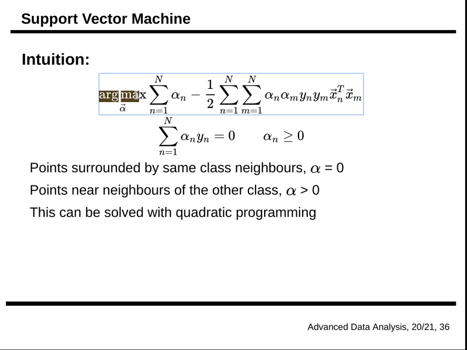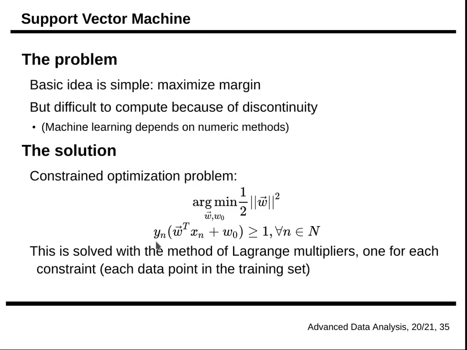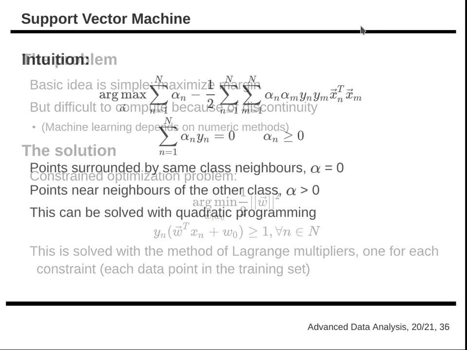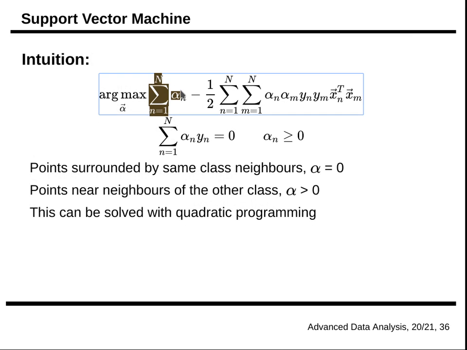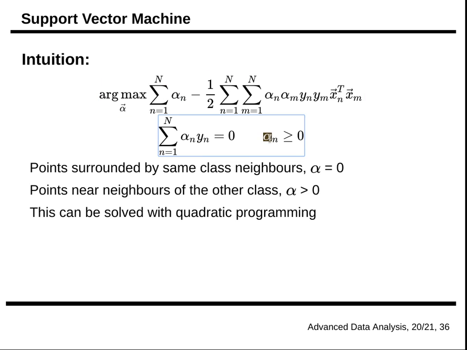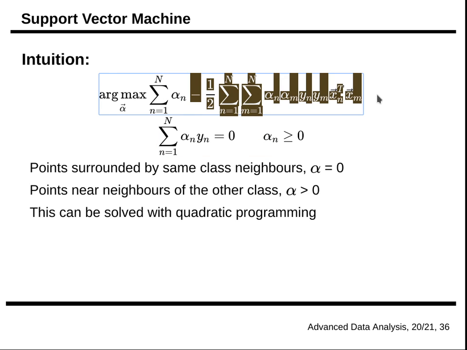So we want to maximize the sum of these Lagrange multipliers, and these are multipliers that apply to each of these constraints. So we have one of these for each data point in the training set. And we want to maximize the sum of the multipliers. They are all 0 or larger, minus this expression here.